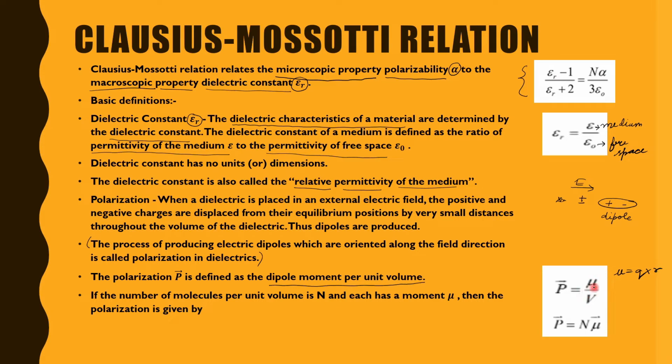So mu by V is the dipole moment per unit volume. If there are many molecules, with N the number of molecules per unit volume, each having a moment mu, then P is equal to N mu. We can define polarization with this formula as well as that formula.